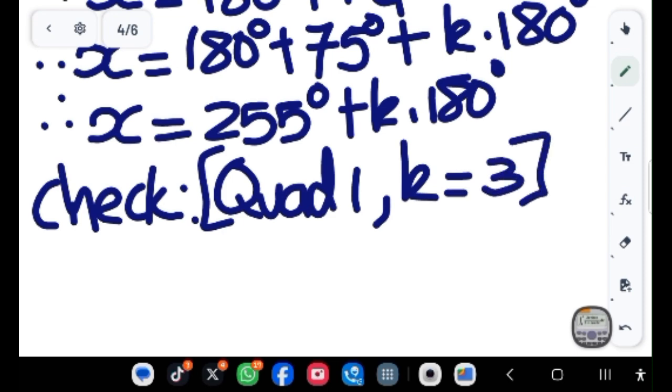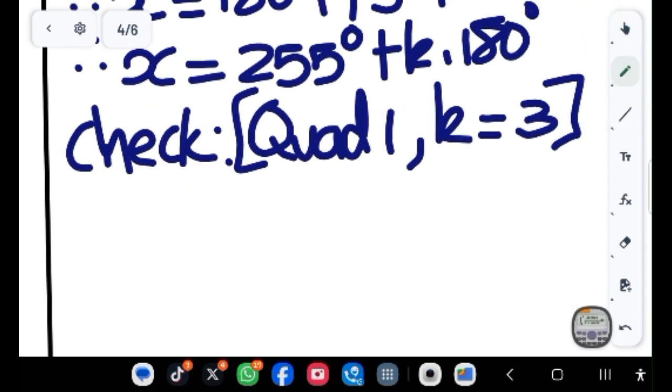using k equals 3. What does that give us?